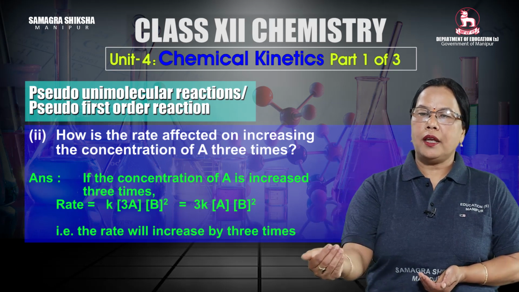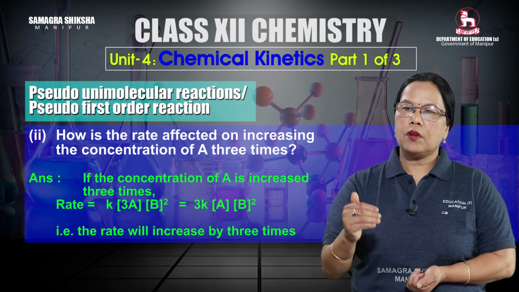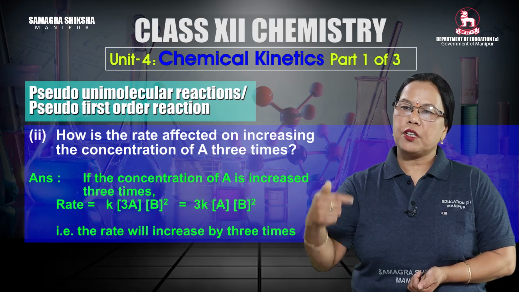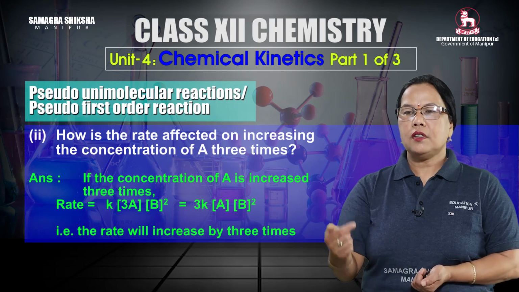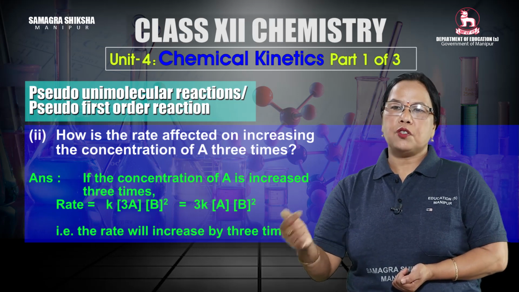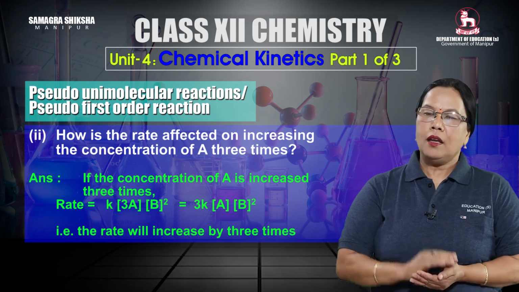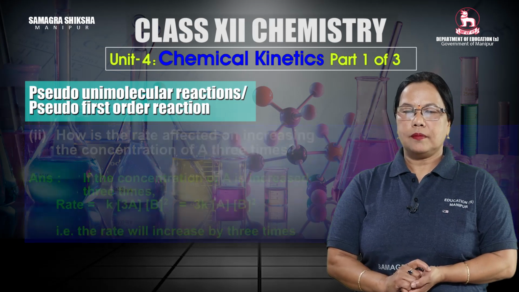In the equation, if the concentration of A is increased 3 times, rate equal to K concentration of 3 times A into concentration of B square. That means 3 times K concentration of A concentration of B square. Here, the rate will increase by 3 times.